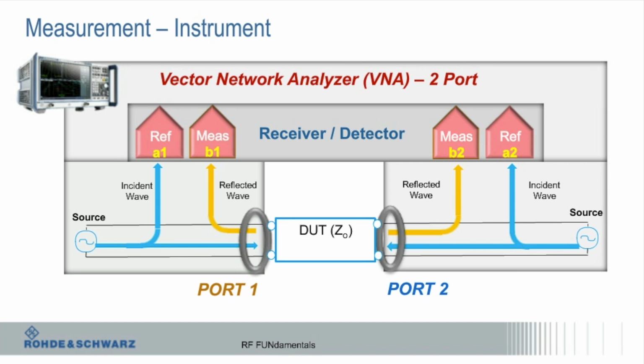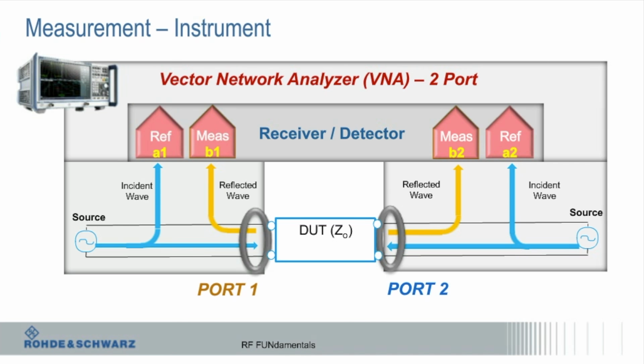Then when you measure S11, it just does a ratio of these two. S22 is a ratio of these two. And then S21 is a ratio of the measure to the reference, or S12 is a ratio of the measure to the reference. So all said and done, this is a VNA, and that's what's going on.